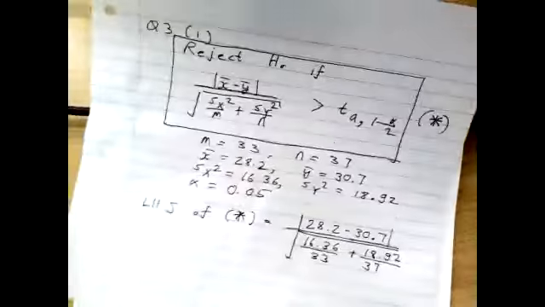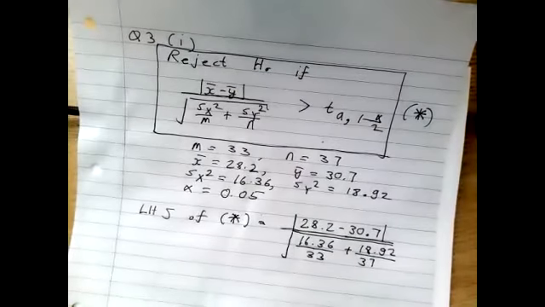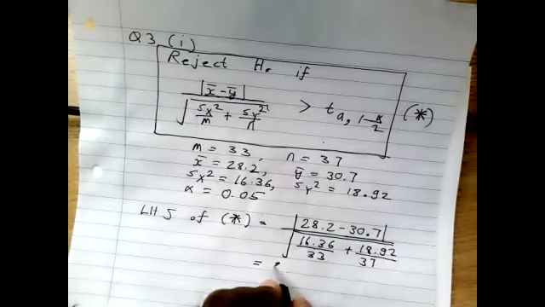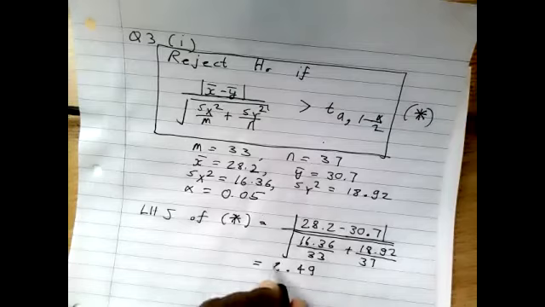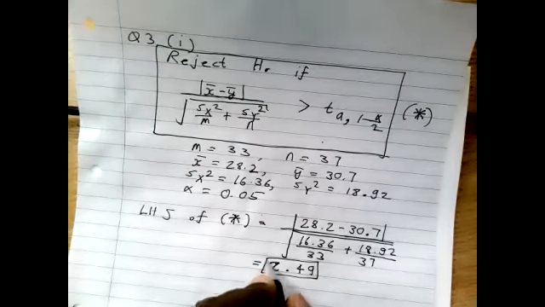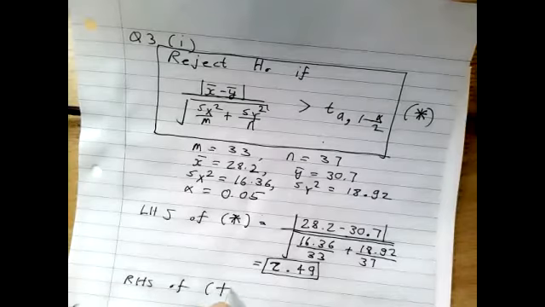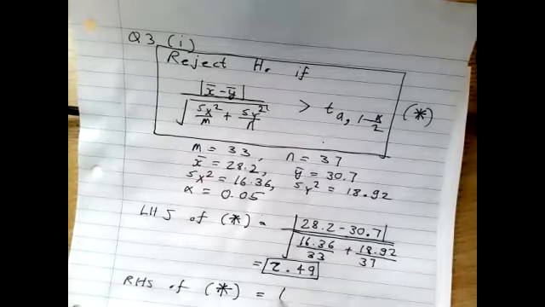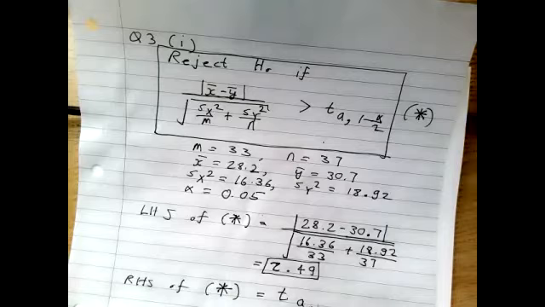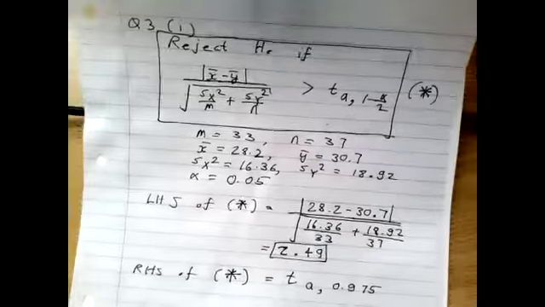If you work this out using a calculator, you will get this to be equal to 2.49. Now the right-hand side of star is going to be t with alpha 5%, so it's going to be 0.975.